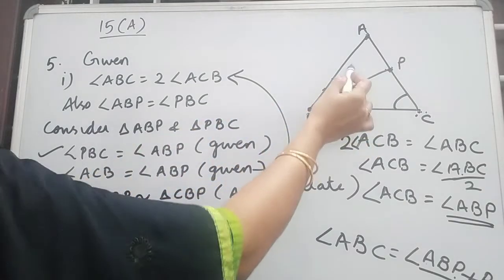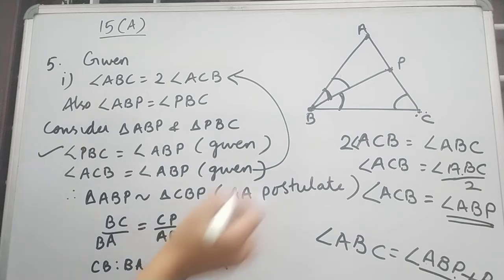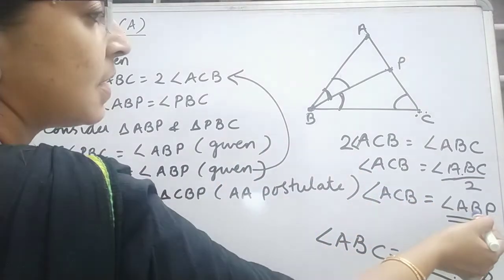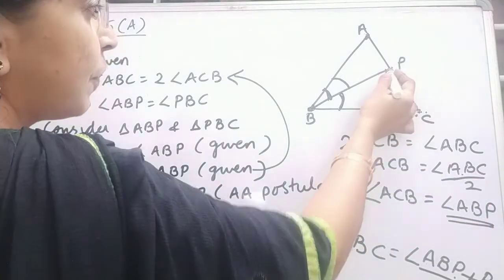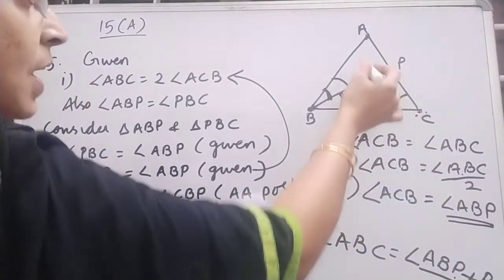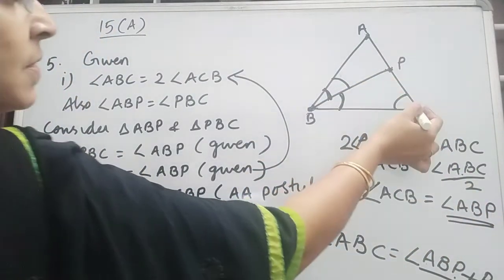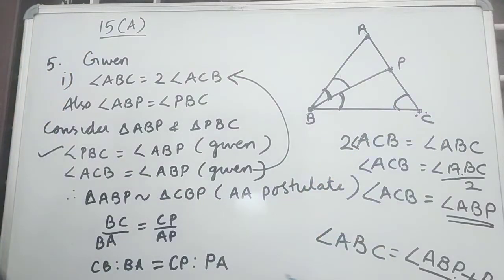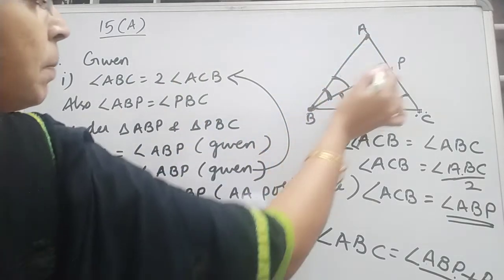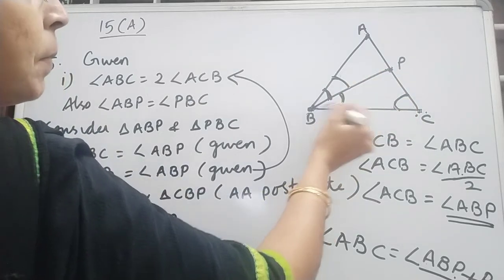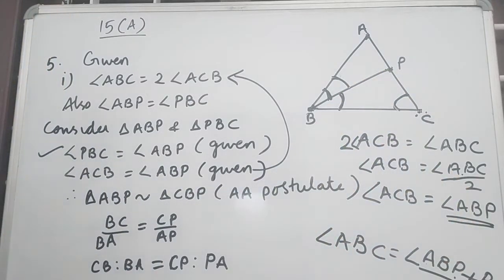These two triangles are similar. Why are we taking this ABC as ABP instead of this one? Because we are considering these two triangles. ACB is from this triangle, so we want to equalize it with the other triangle. That's why we are taking ABP instead of PBC. I think it is clear.